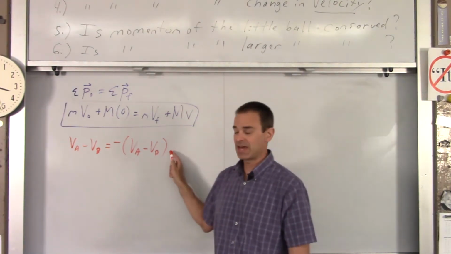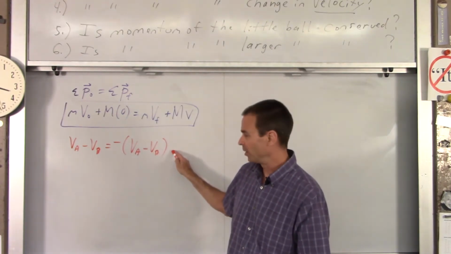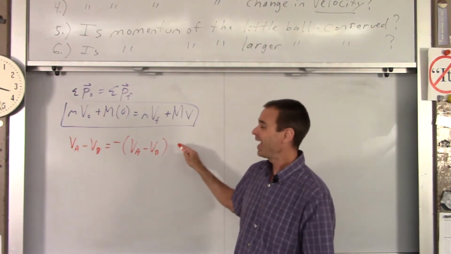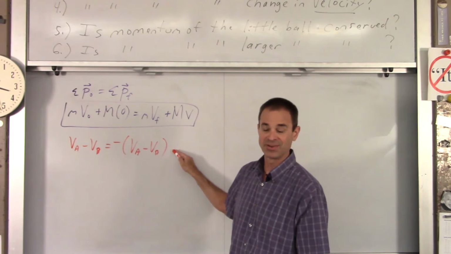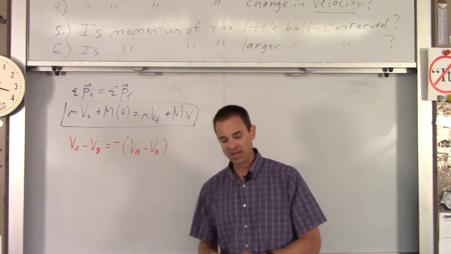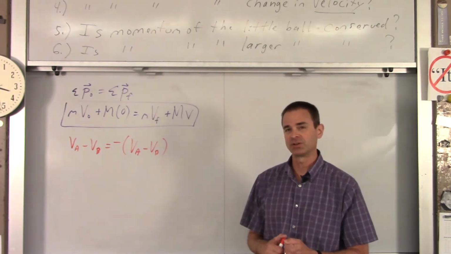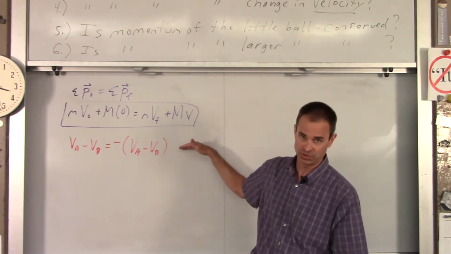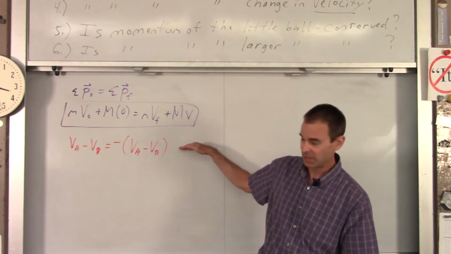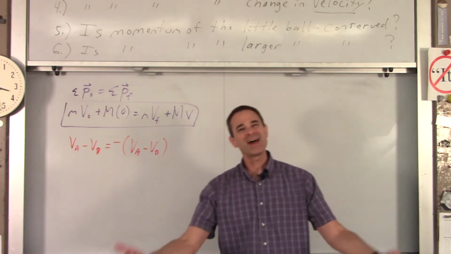This equation is mathematically derived from conservation of momentum and conservation of kinetic energy. And kinetic energy is only conserved in perfectly elastic collisions. So please only use this equation for perfectly elastic collisions, which is what we have here, so we can use it.